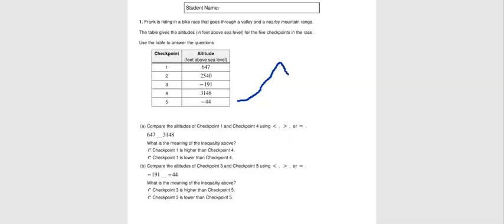Then it's going to go all the way down, past sea level, to a negative 191, and then all the way back up again, way past where you were before, to 3,148, and then down to below sea level again to negative 44, and that's where the race ends.